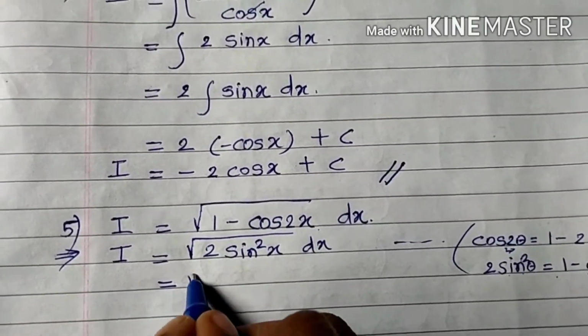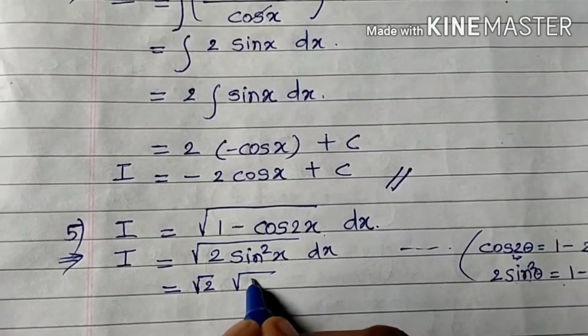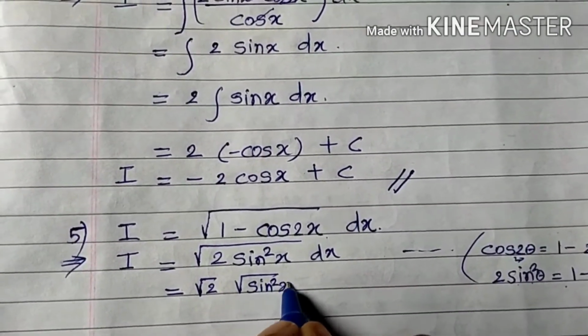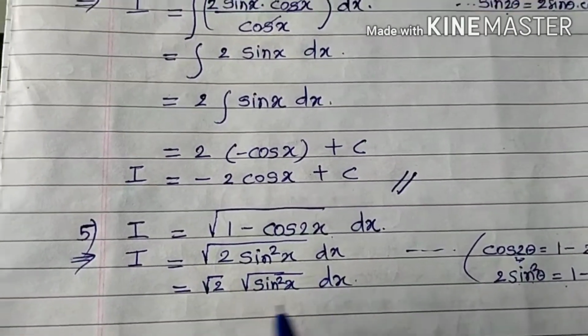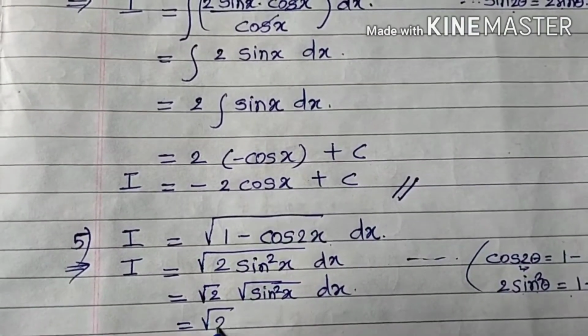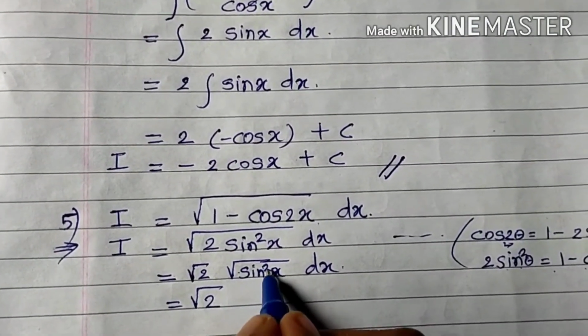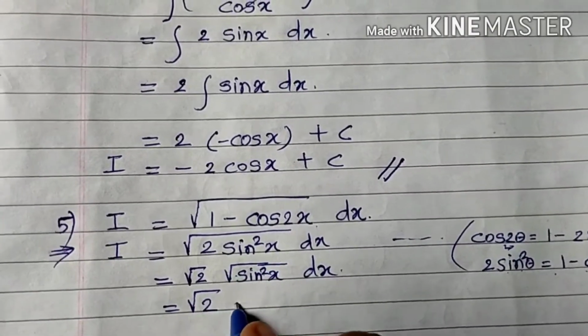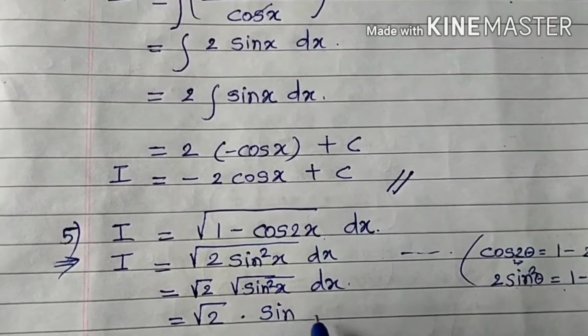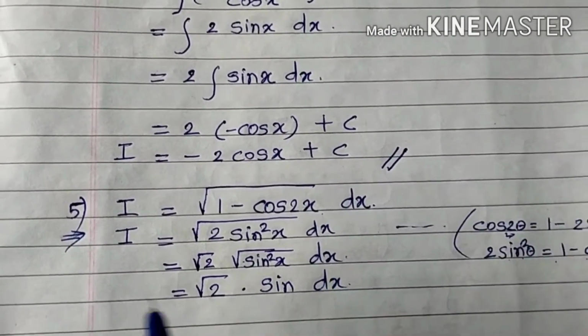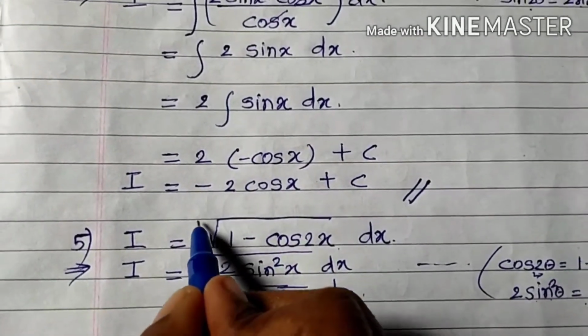Now separate. So under root of 2 as it is, and under root of sin squared x, this square and this square root get cancelled, so only remaining sin x dx. Sorry, here is one mistake. Here is integration.